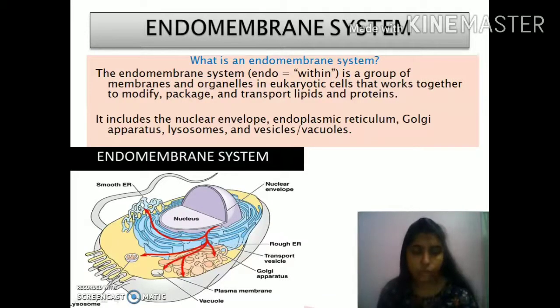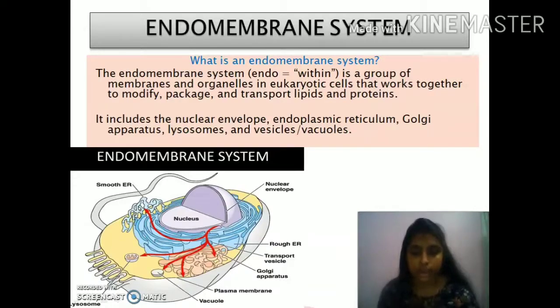Clear? This system consists of different cell structures and organelles including the nuclear membrane, the endoplasmic reticulum, the Golgi, the vesicles or vacuoles, and the lysosomes.